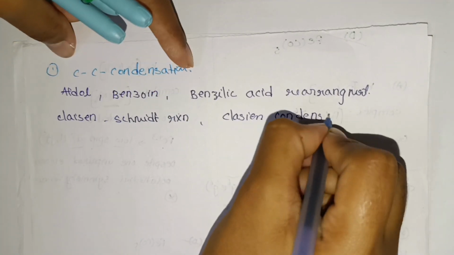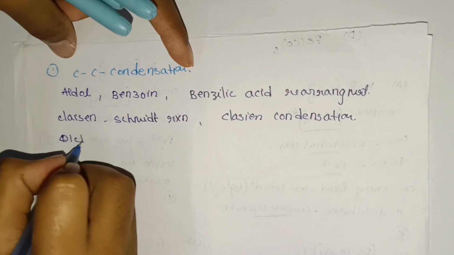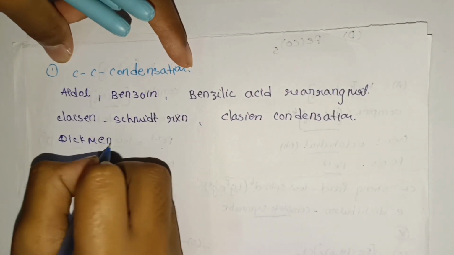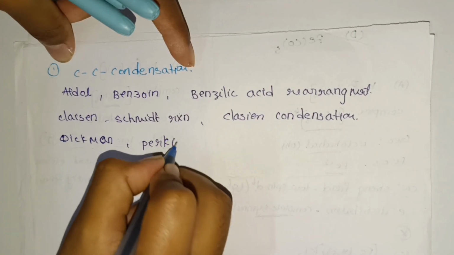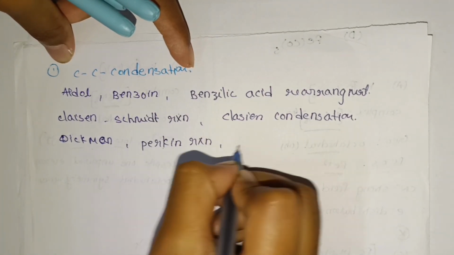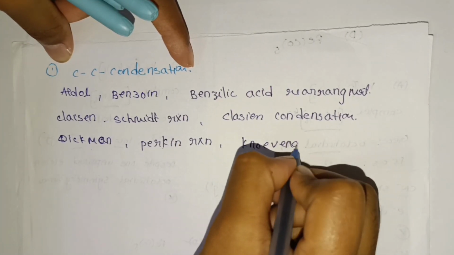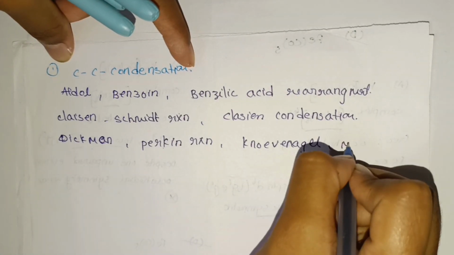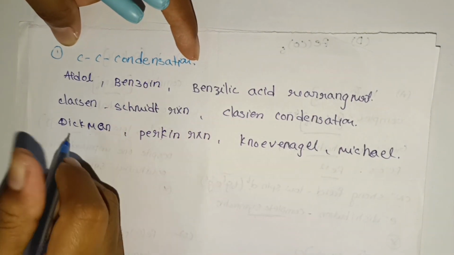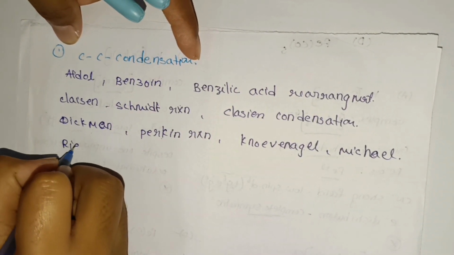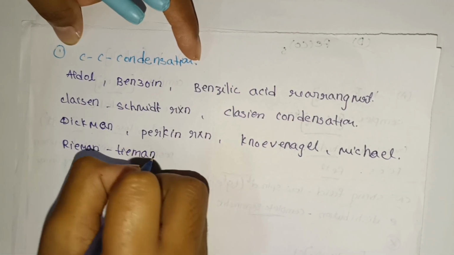These both are different. Next, Dieckmann reaction, Perkin reaction, Knoevenagel reaction, Michael reaction. This is a very important reaction. Finally, the Reimer-Tiemann reaction.